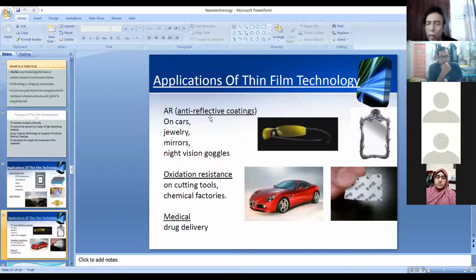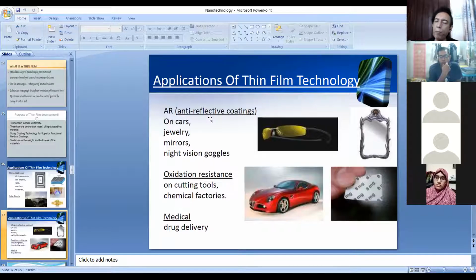Now our intention is to make thin film of nano range, for example 10 nanometer or 50 nanometer or 100 nanometer of width. That means we want to make a thin film, a two-dimensional nanoparticle, which we call quantum well.